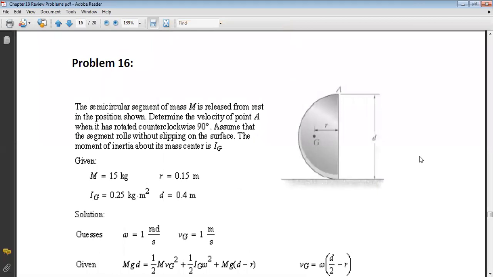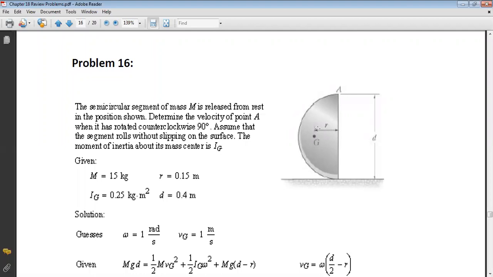The solution, just the part where they used VG. They use VG of the disk. So you have here a semicircular disk, and the center of mass of the disk is here. So this is G of the semicircular disk.